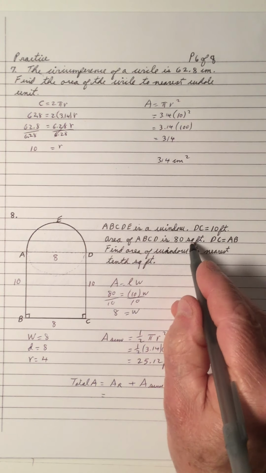So the radius is 4. The area of a circle is pi r squared. So it's 3.14 times 4 squared. And 3.14 times 16, what do we get? 50.24. If you don't round it yet, round it after, and you'll be more accurate.